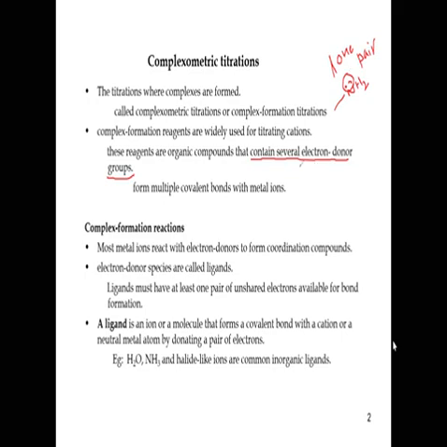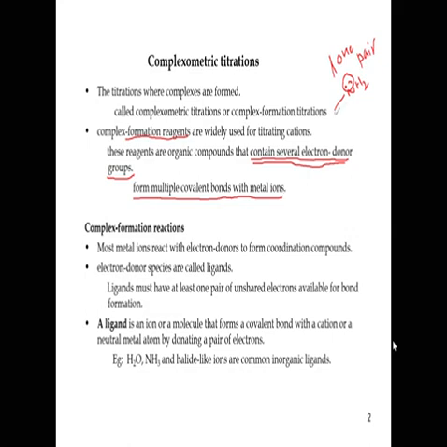So for the complex formation reagent, there should be in the molecule more than 1 or 2 or 3 or 4, like that, electron donor groups, right? And as I mentioned earlier, they form multiple covalent bonds.